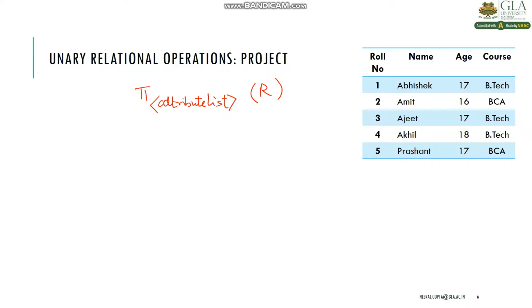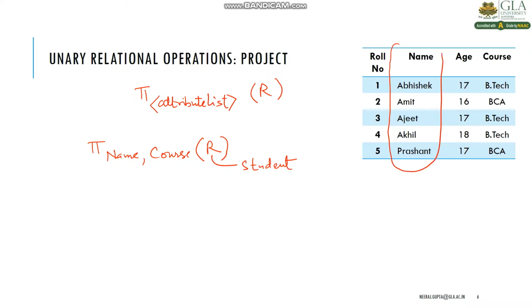So suppose we want to find out the names and course of the student relation: pi name, course of relation student. In the case of the project operation, it removes any duplicate tuples. So project is basically vertical partitioning, where we extract the columns. So we get name and we get course in the result.